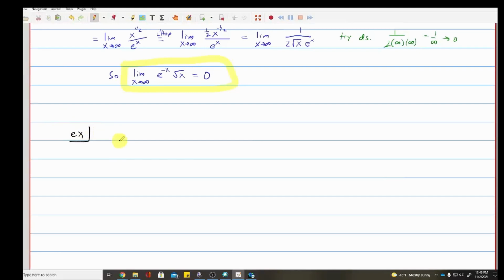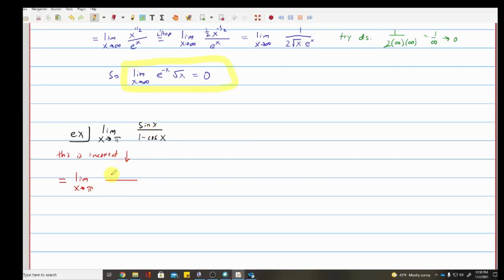All right, let's try another example. I'm going to show you something different with this one. So I'm going to take the limit as x goes to pi of sine x over 1 minus cosine x. And I'm going to warn you ahead of time that I'm going to make a giant mistake. Okay, so what I'm about to write is incorrect. I'm going to say that this is equal to the limit as x goes to pi. Apply L'Hopital's rule.